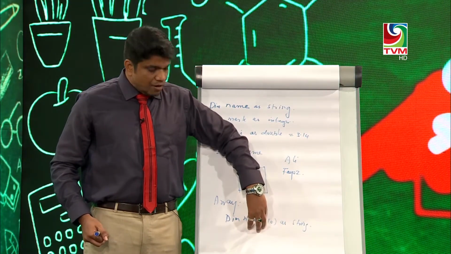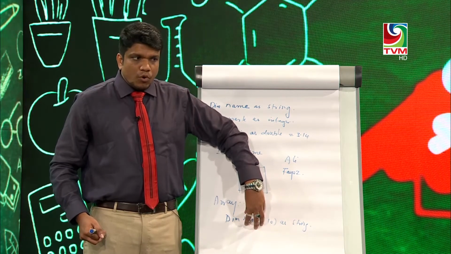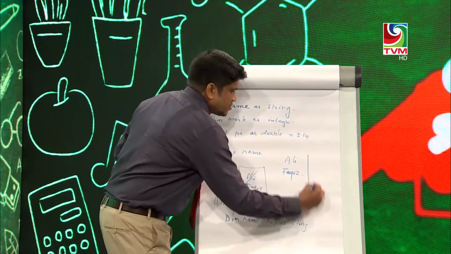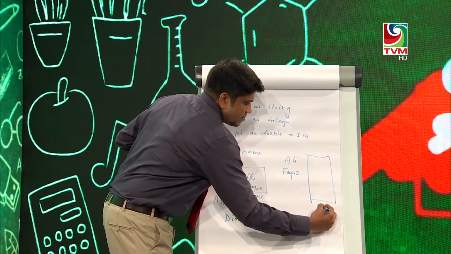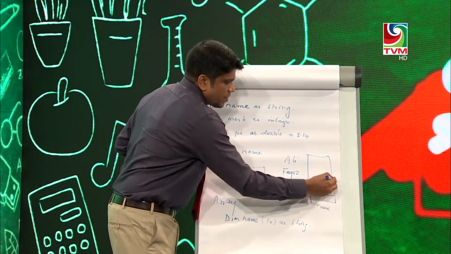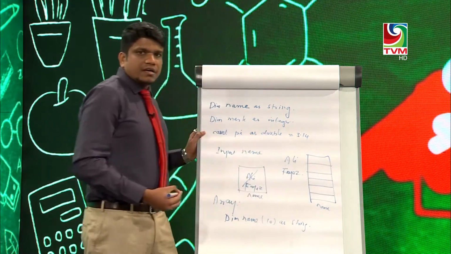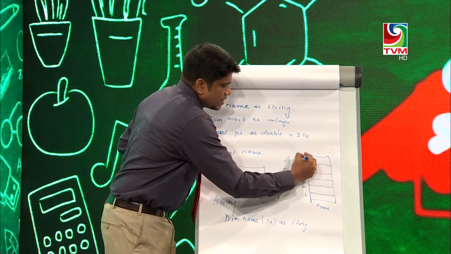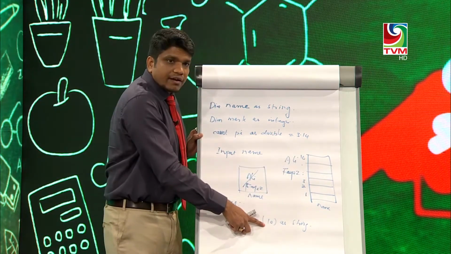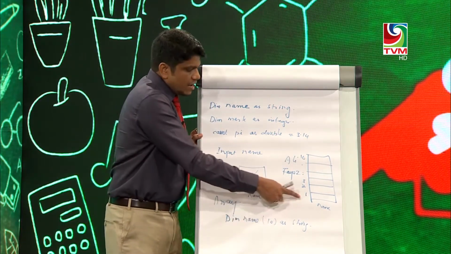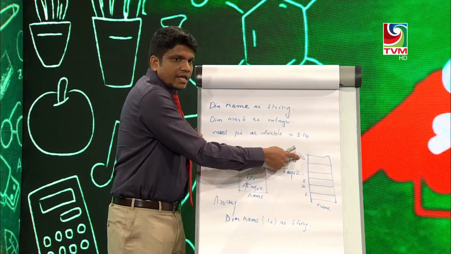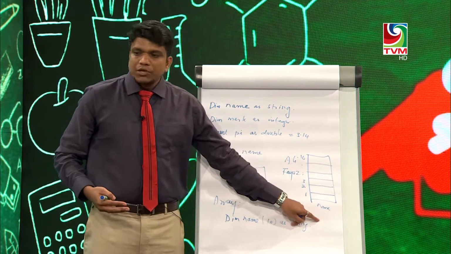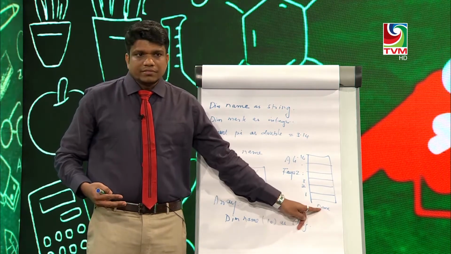That means we will be able to store more values with the same name. It will be divided into different partitions and indexed 1, 2, 3 up to 10. Why 10? Because I declared it as 10. That means we will be able to store 10 names by using a single variable.